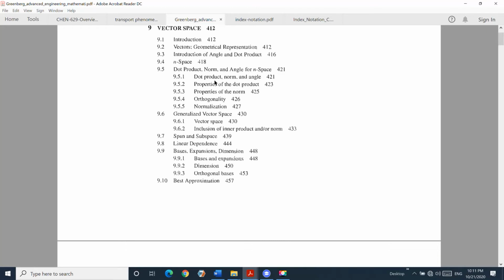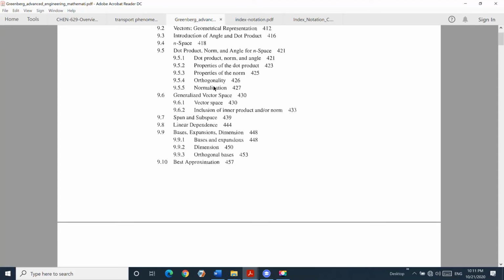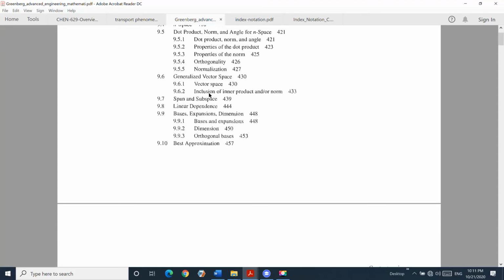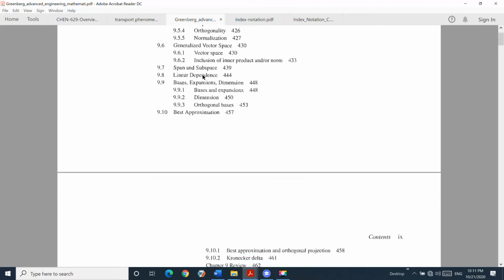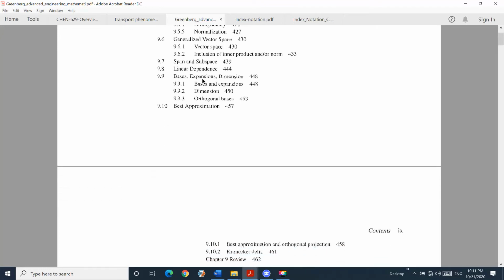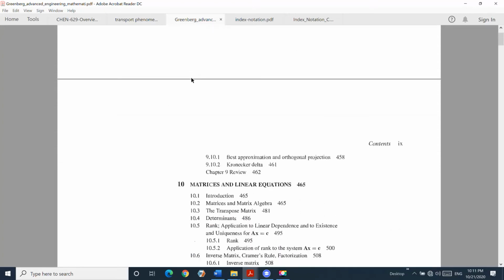It gives basic definitions and theorems about dot products and norm, and talks about orthogonality and normalization, and the generalized vector space, span, subspace, linear dependence, basis, expansion, and dimensions, and finally the best approximation.